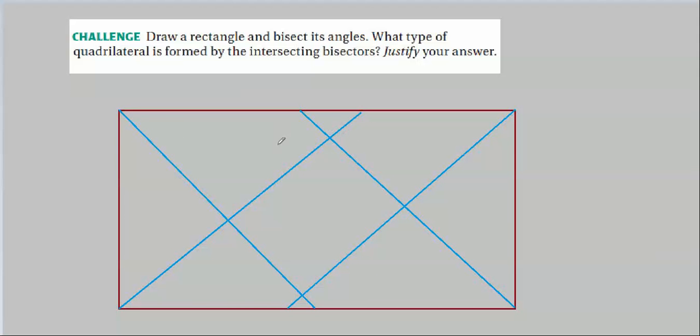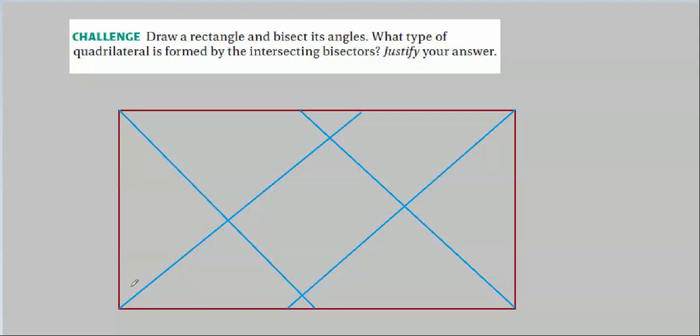One of the things we might want to figure out is the angles in here. If we can say something about the angles inside, we might know something about this quadrilateral. And angles are about all we do know, because this is no particular size rectangle. We don't know anything about the lengths of these bisectors.